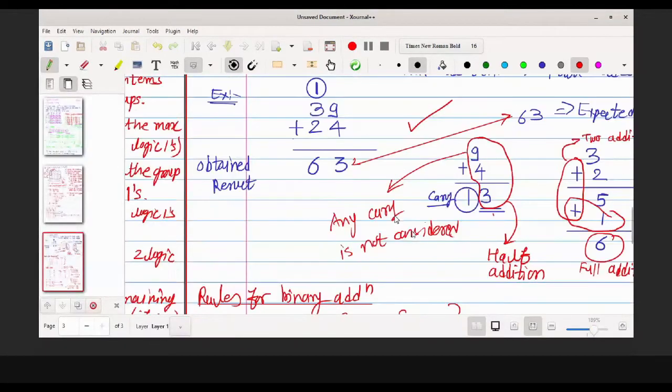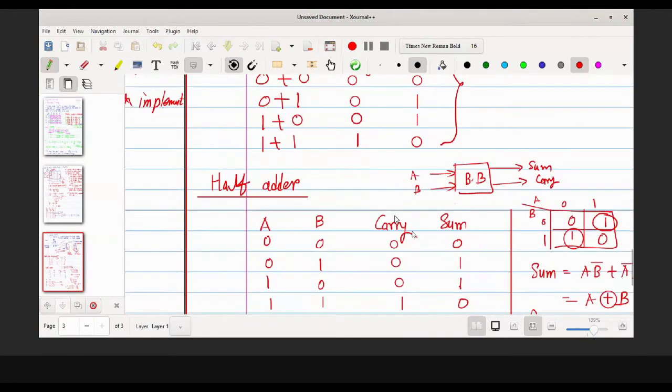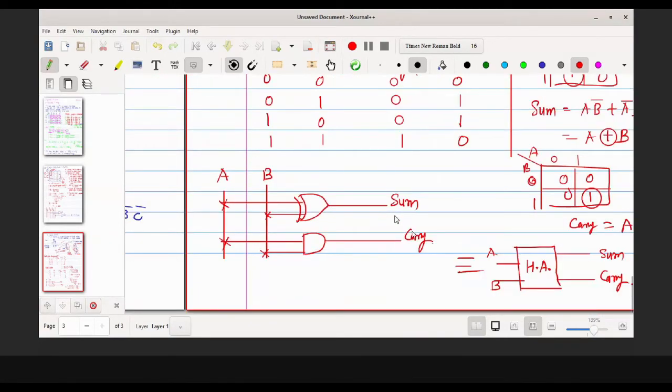Here you can see that you have done the addition of 3 plus 2 and the carry generated of the previous stage. So we got this as a double addition, or 2 times addition. So we got it as a full addition, right? So in the full addition, we need to consider the previous carry also, okay?